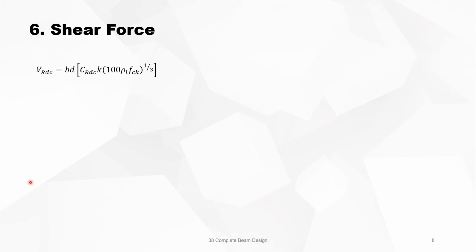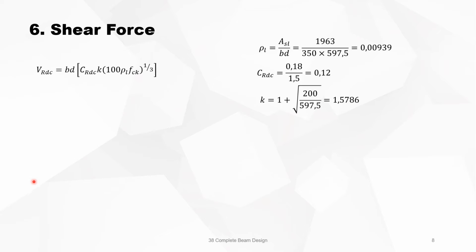Then we look at the shear capacity of the concrete alone. The longitudinal reinforcement is 4 diameters 25 divided by the width 350 and d, the effective depth, which gives me 0.0094. CRd,c is 0.15 divided by gamma c, and the k factor is 1 plus the square root of 200 divided by d.